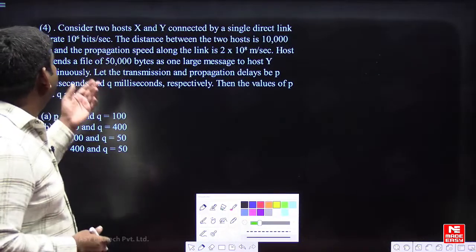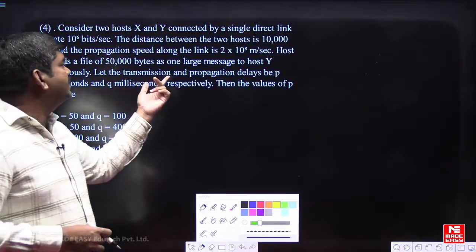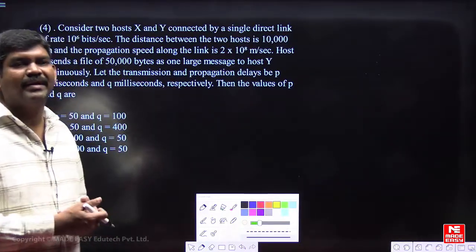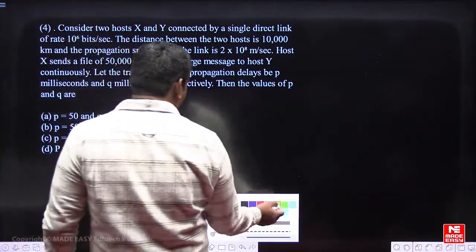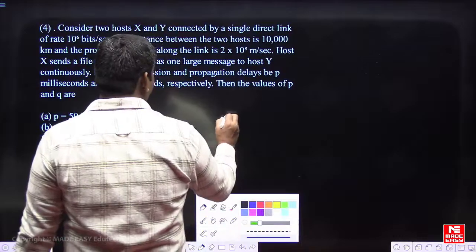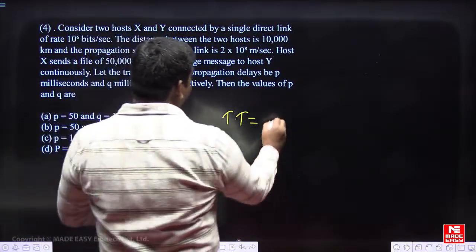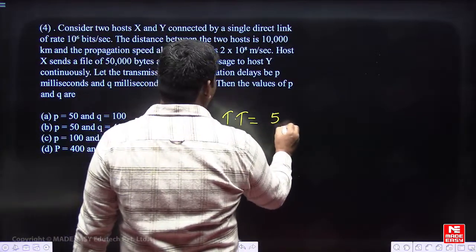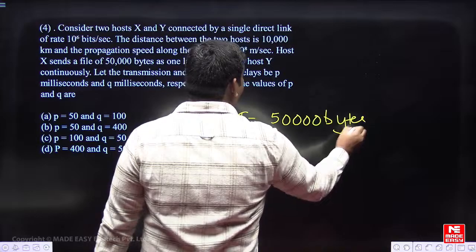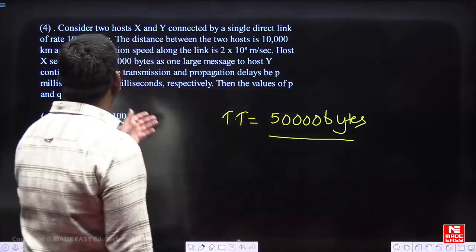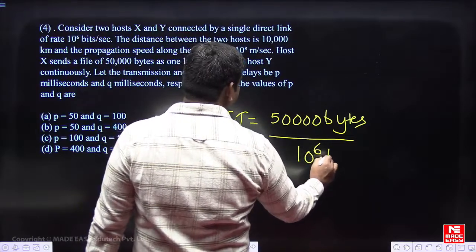The host X sends a file of 50,000 bytes as one large file. See here in the question, the message is not divided into packets; the message is transmitted directly. So the transmission time is nothing but the data size, that is the message size, 50,000 bytes, divided by the given bandwidth, 10 power 6 bits per second.